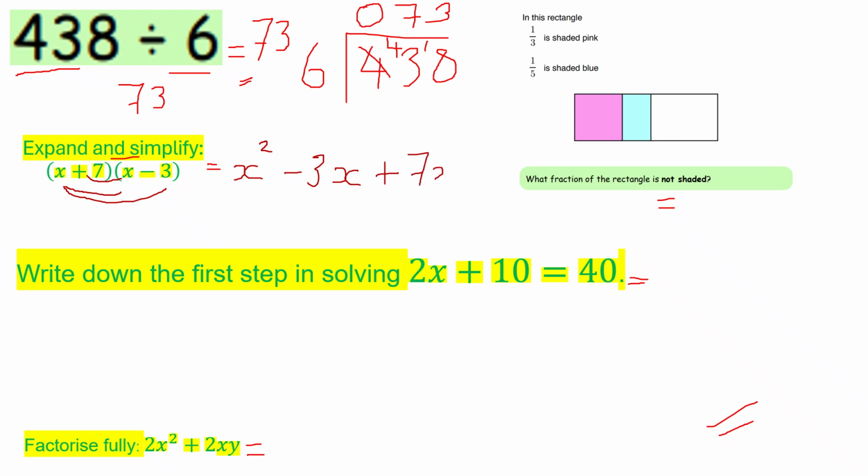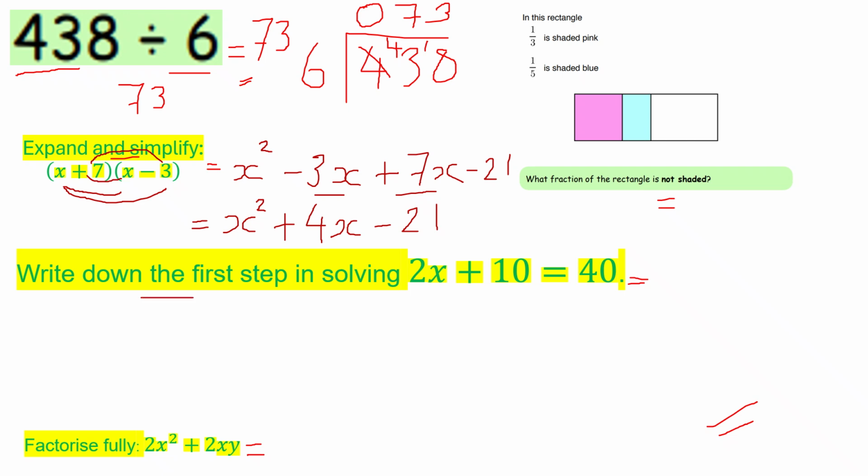Then we've got plus 7 times minus 3, which is minus 21. I'm now going to collect my like terms. I've got an x squared, minus 3x plus 7x makes plus 4x, and then copy down that minus 21. And that is expanding a double bracket, or a pair of binomials.